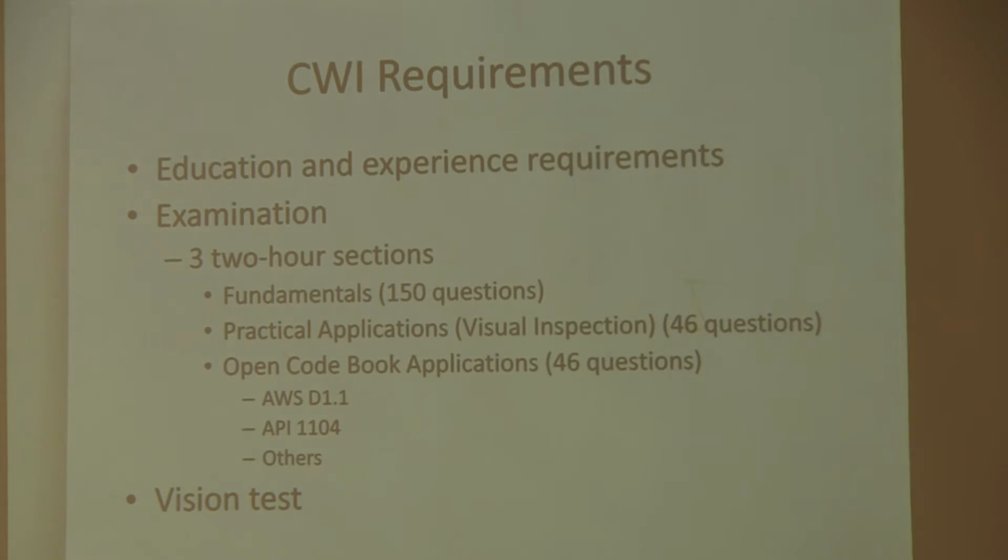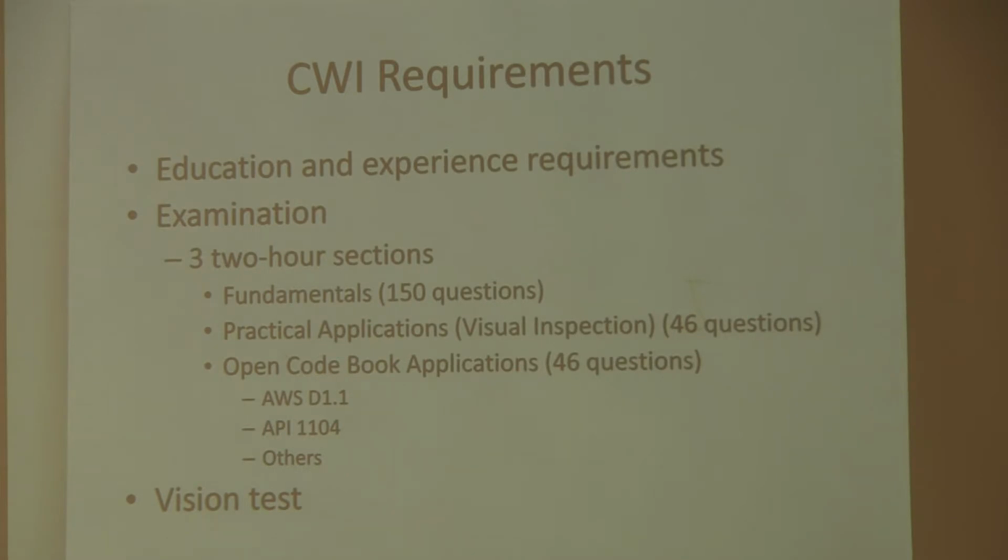For visual inspection, you actually have some little plastic molds of welds, and they give you some tools, and they ask you a bunch of questions about how you can practically do the weld inspection. And then the third section is the open codebook section, and they ask you a bunch of questions on your choice of codes. Most people do either the D1.1 code or the API 1104 code, which is a code that's used for the welding of petroleum pipelines.